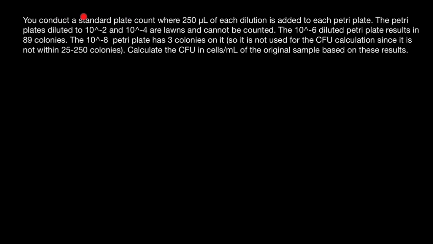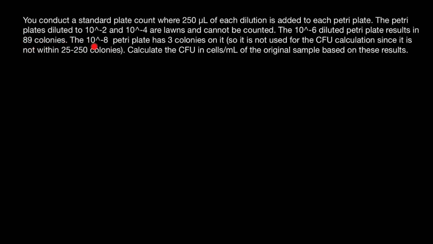You conduct a standard plate count where 250 microliters of each dilution is added to each Petri plate. The Petri plates diluted to 10 to the power minus 2 and 10 to the power minus 4 are too numerous and cannot be counted. The 10 to the power minus 6 diluted Petri plate results in 89 colonies.